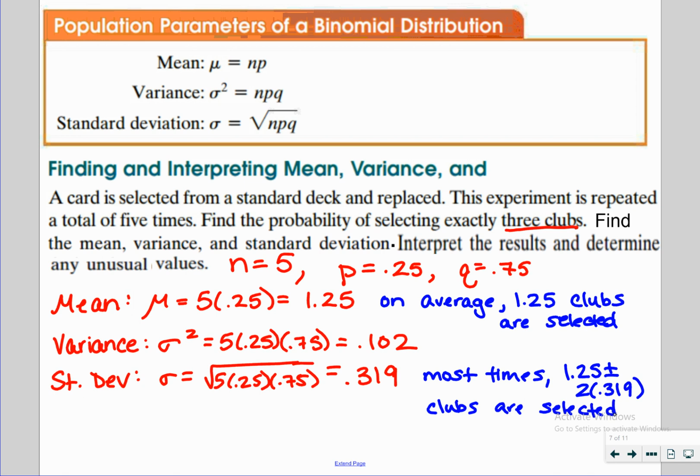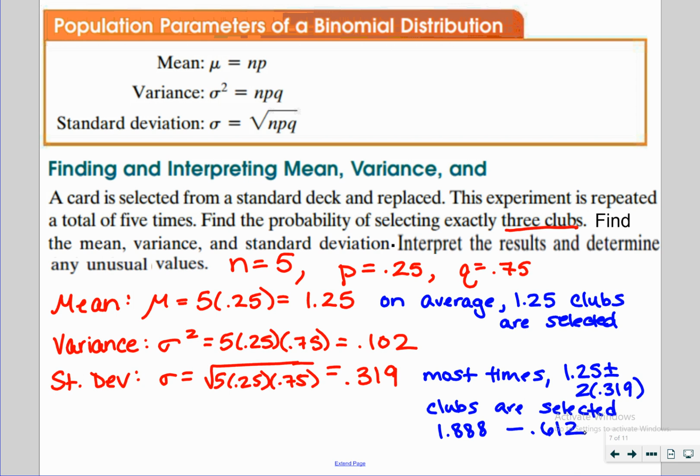If I take 1.25 and I add on 2 times my standard deviation, I get 1.888. And if I subtract 2 standard deviations, I get 0.612. Okay, so somewhere between 0.612 and 1.888. So on average, if this is repeated 5 times, between 0 and 2 clubs are what is expected to happen.